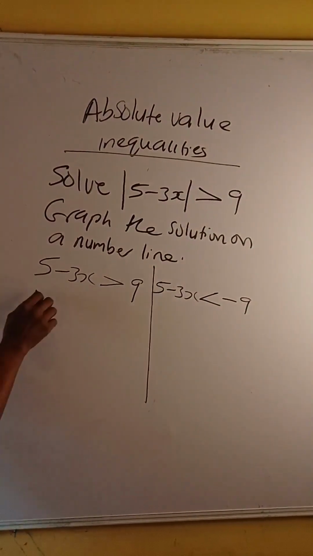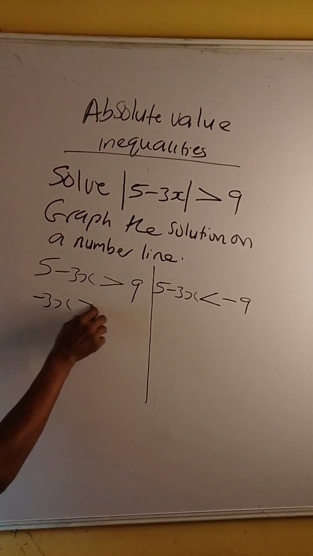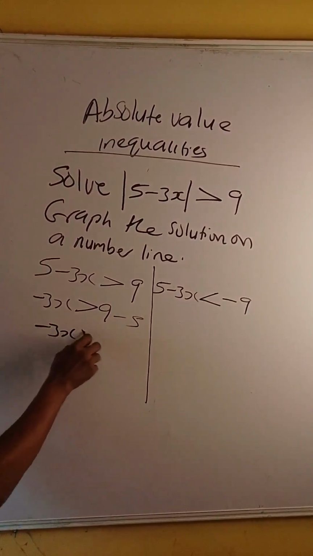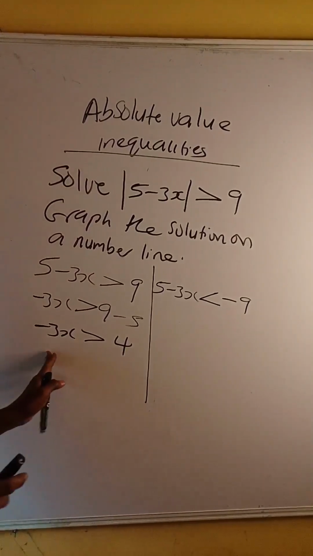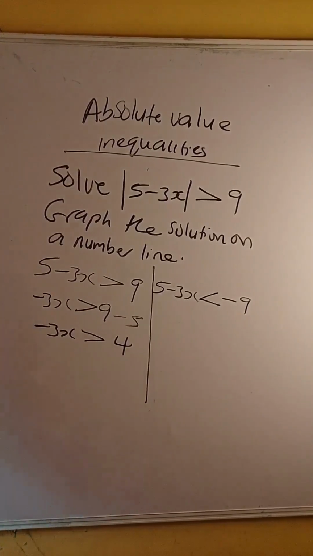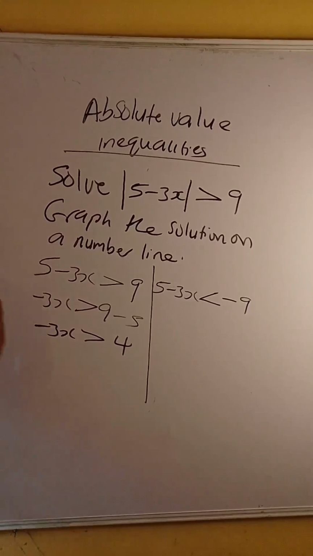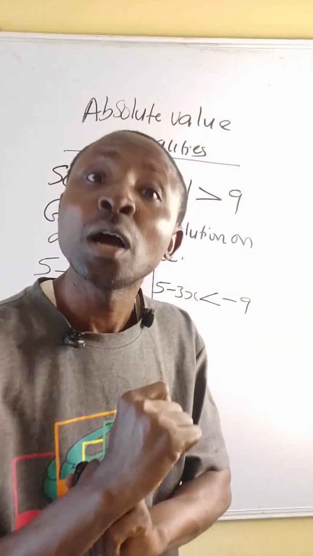So my minus 3x will remain. I will transpose my 5 to this side, greater than 9, take away 5. So what do I do from here? My minus 3x remains, greater than 4. I am going to divide by negative 3 here now, right? So if I divide this by negative 3, this sign must change, because every inequality divided by a negative must change sign.